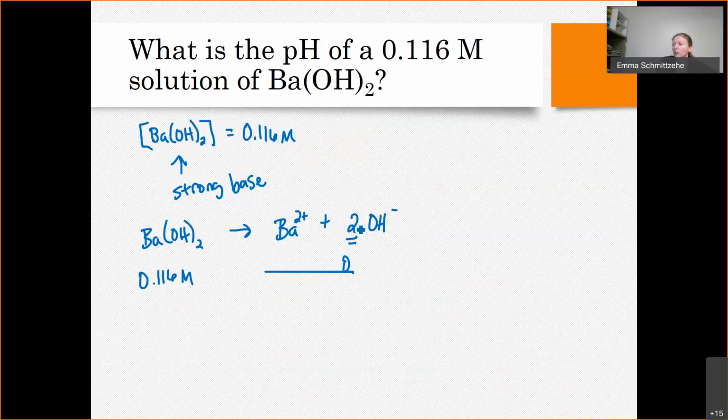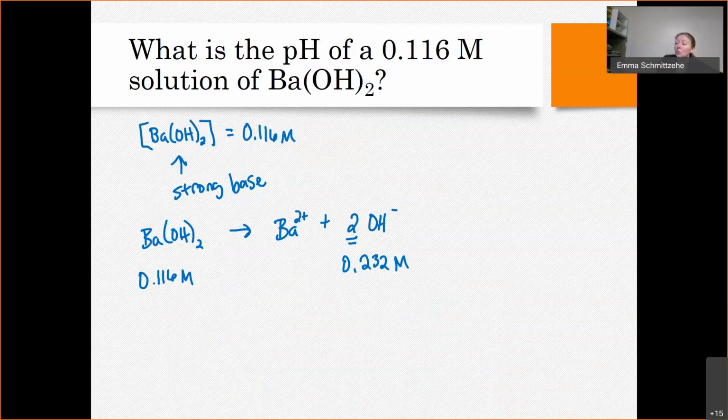If we take 2 times 0.116, we get 0.232 molar. So you have twice the concentration because for every one of those that breaks apart, you get 2 of those hydroxides.